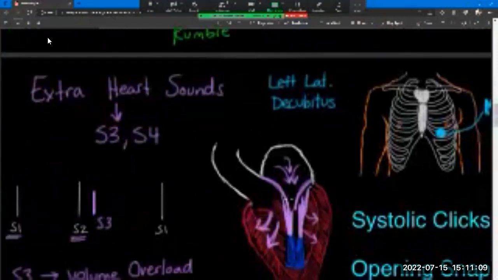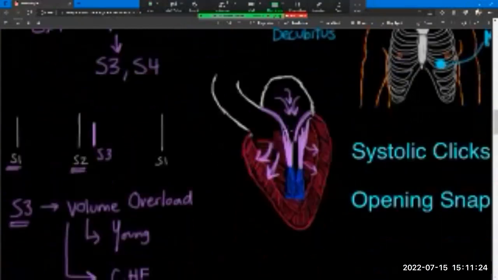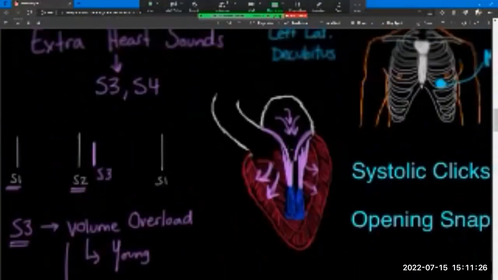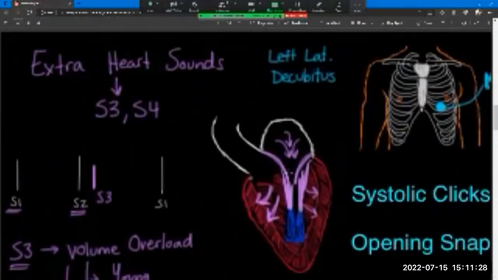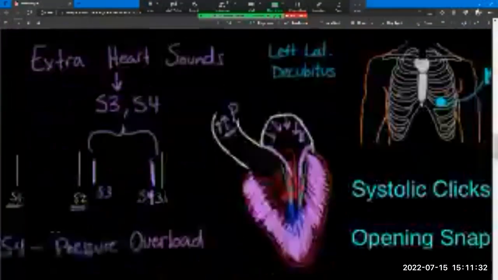And the doctor will ask you to roll over onto your left side, the left lateral decubitus, and the doctor will auscultate at the fifth intercostal space in the midclavicular line, and it will be better heard.